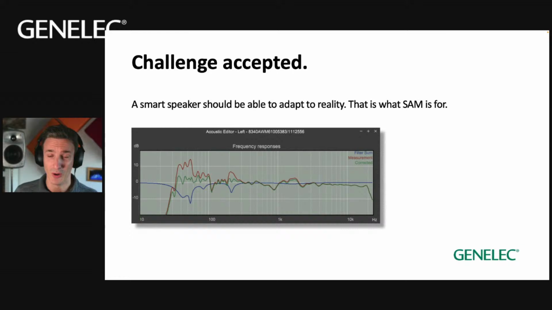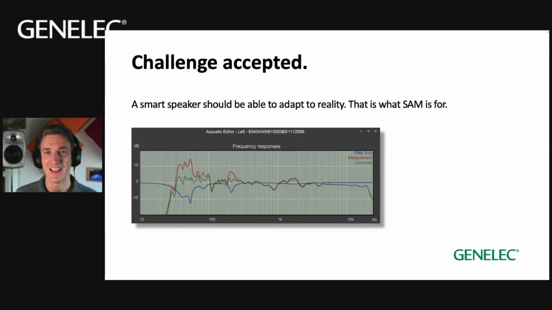And yeah, years ago, we already said challenge accepted. So, a speaker that is brilliant in an anechoic chamber is cool to have, but it's not really helping the customer. And therefore, we wanted to make sure that our speakers have some intelligence. And this is why we invented SAM.